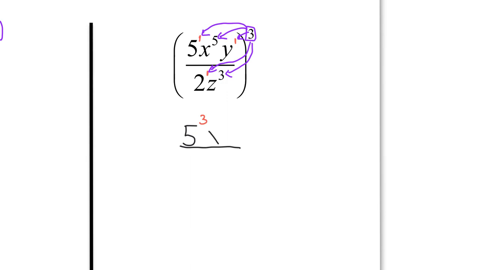I go to the next one, there's the x, and you multiply 5 times 3. That's going to be 15. And I go to the next base, there's the y, and 1 times 3 is 3. On the bottom, you have a 2, and you multiply 1 times 3. That's going to be my exponent of 3. And the next one is z, and 3 times 3 is 9.